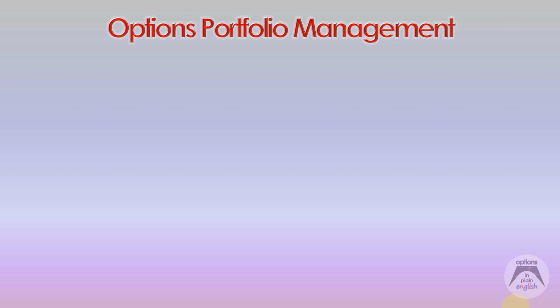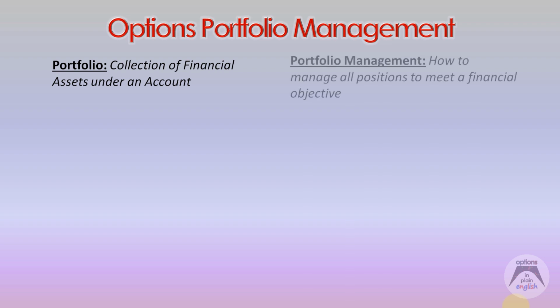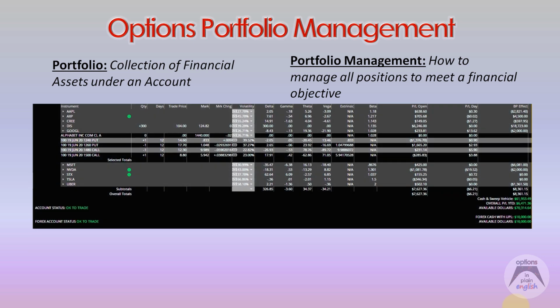We're going to start by talking about a portfolio. A portfolio is a collection of financial assets under an account, and portfolio management is how to manage all those positions to meet a financial objective. If you want to think about an options portfolio, you would think about something like this. It's a collection of option strategies, option positions, option trades that you have under your account.